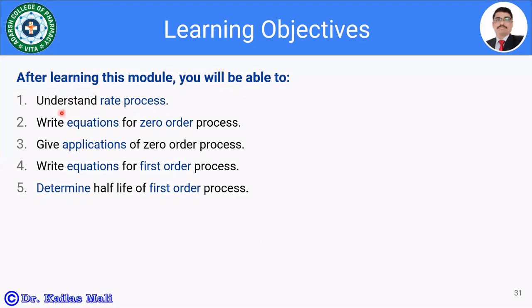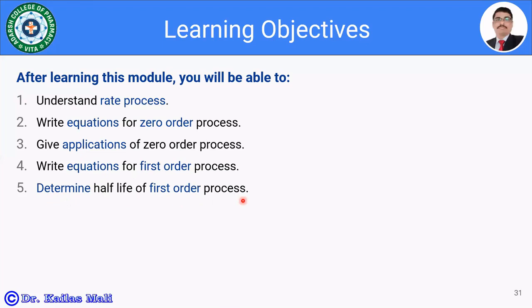You will be able to write equations for zero order process, give the applications of zero order process, write equations for first order process, and determine the half-life of first order process. So these are the learning objectives which I have set for today's session.